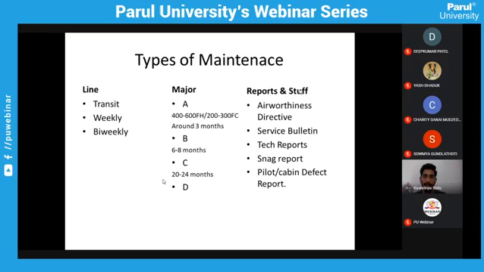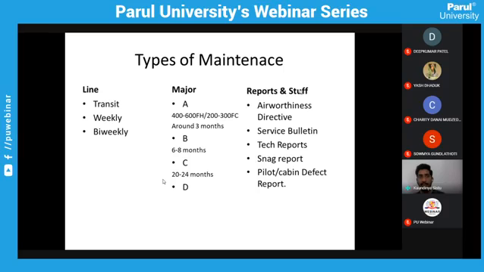Okay. A snag report is again given by the aircraft engineer. But this is minute. For example, from one engineer to another during shift change, they have to write a report to pass it on. These are called snag reports. And sometimes the pilot, because the pilot is the main person who flies the aircraft, will be facing most of the issues during flight.